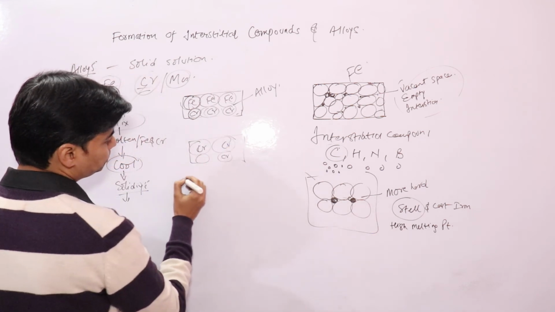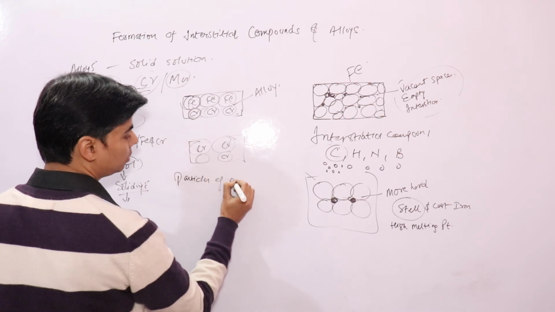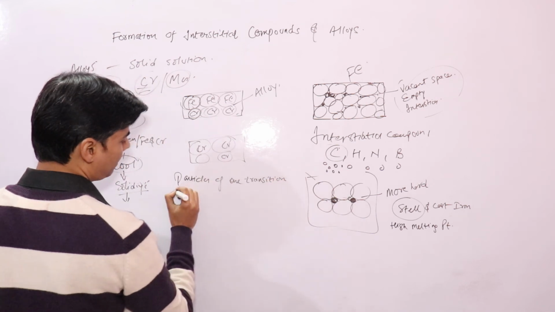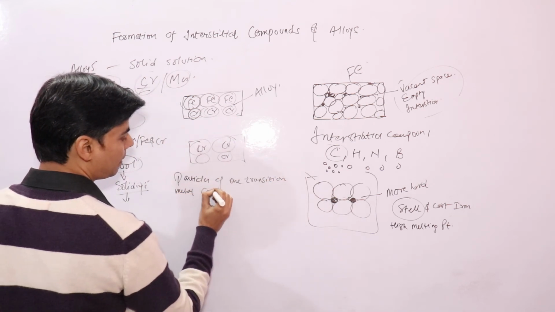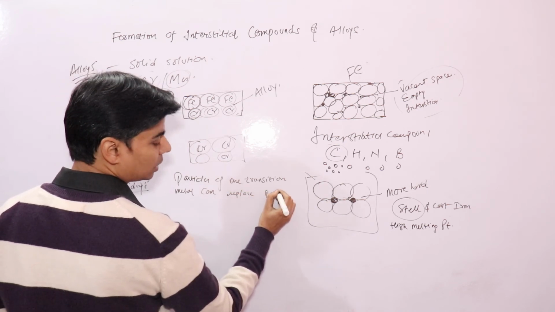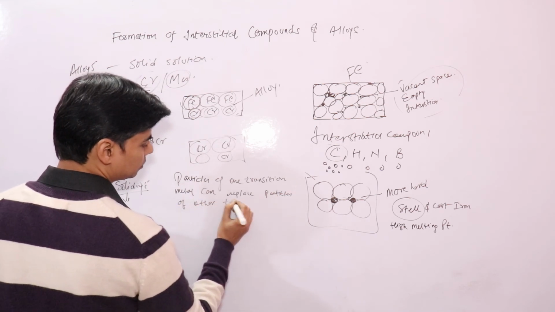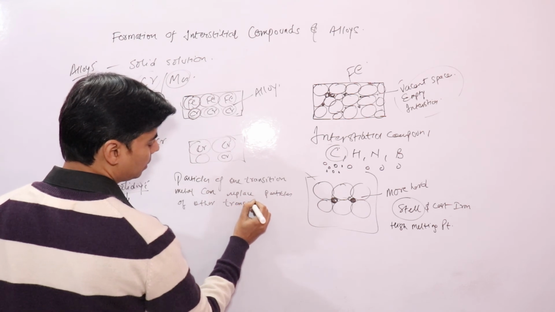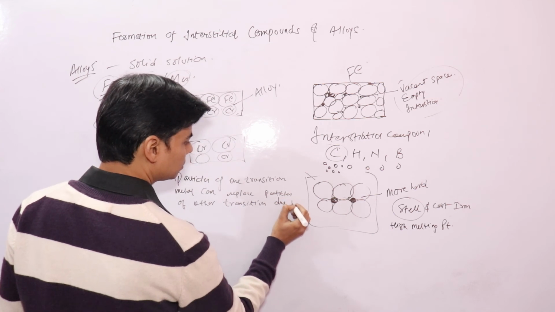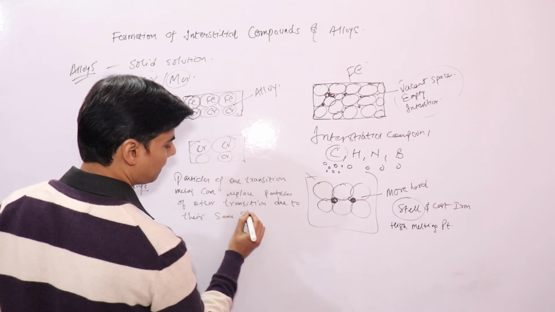So here particles of one transition metal can replace particles of another transition metal, due to their same size.